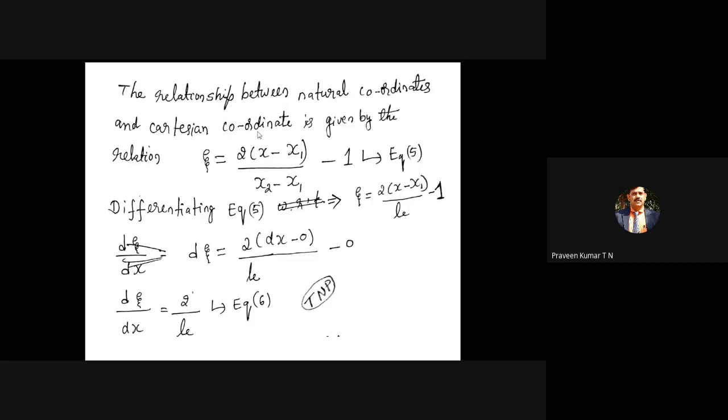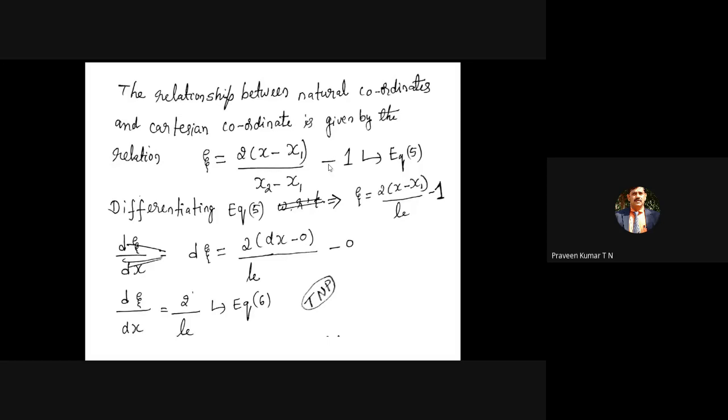Equation number 5 relates the coordinates in the natural coordinate and global coordinate. Once you know the material and geometrical properties in terms of global coordinates, we can get the equivalent natural coordinate value. The global coordinate value may be 50 mm, but in the natural coordinate it may be only 0.5, not mm, just 0.5.